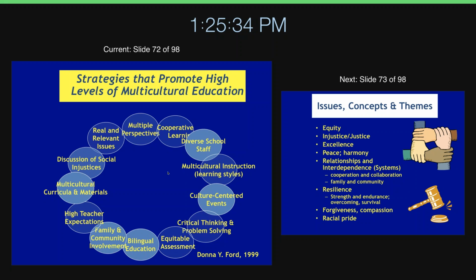But some of the important points worth noting is that there are strategies out there that promote high levels of multicultural education, and that includes having multiple perspectives, honing in on real world issues relevant to students, having discussions about social justice, having a diverse faculty, staff, and administrators, involving the community in significant ways, and multicultural materials.